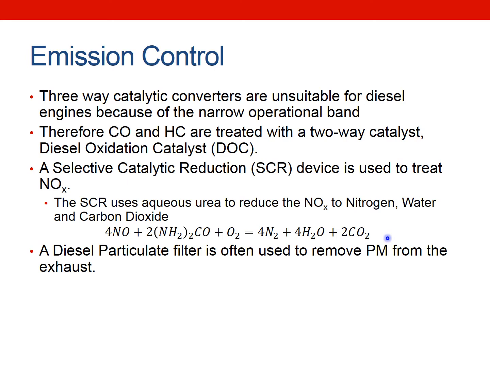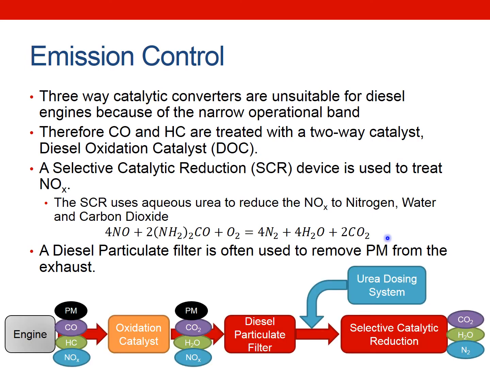Quite often regenerative diesel particulate filters are used, where once the pressure drop across the particulate filter reaches a set value, it will then run the engine hot, burn off the soot again with excess air, and regenerate the filter. So essentially, this is what your exhaust system looks like now for a diesel. You've got your engine giving you particulate matter, carbon monoxide, hydrocarbons and NOx.